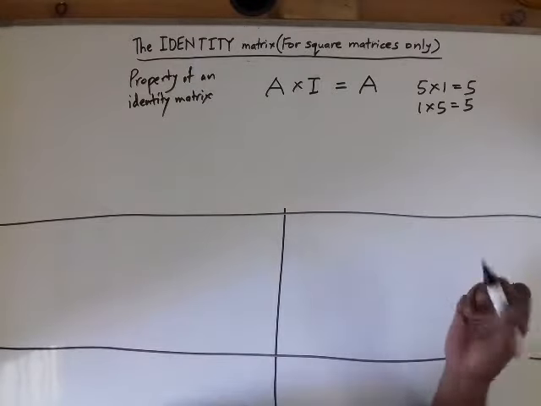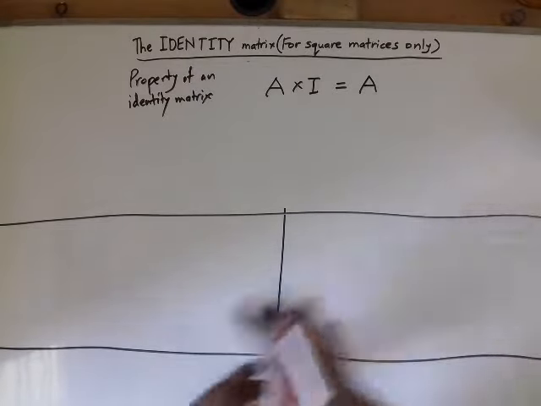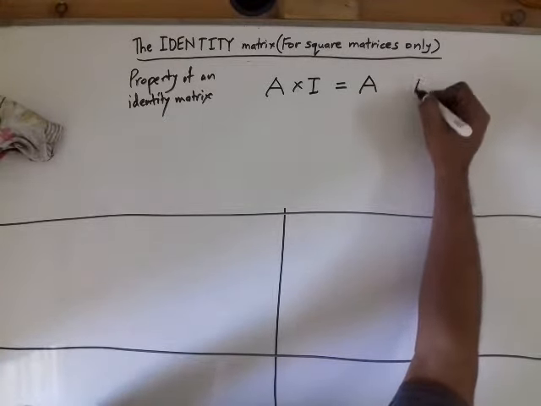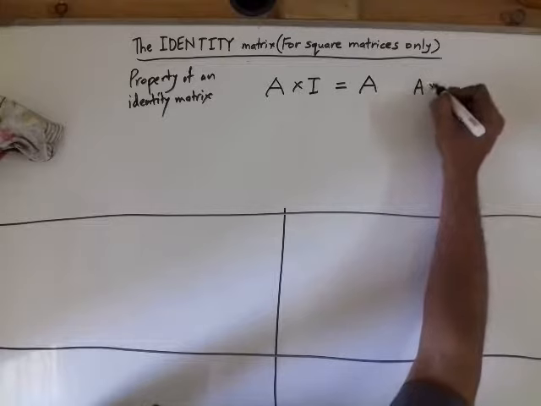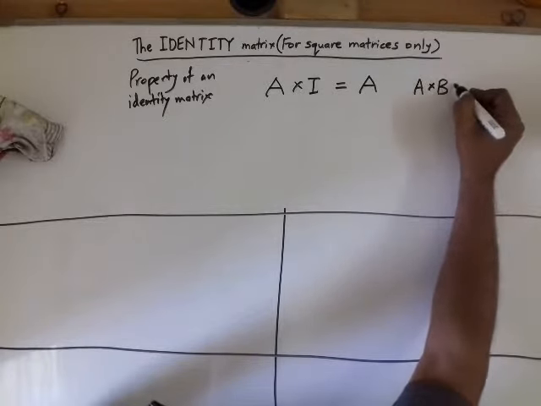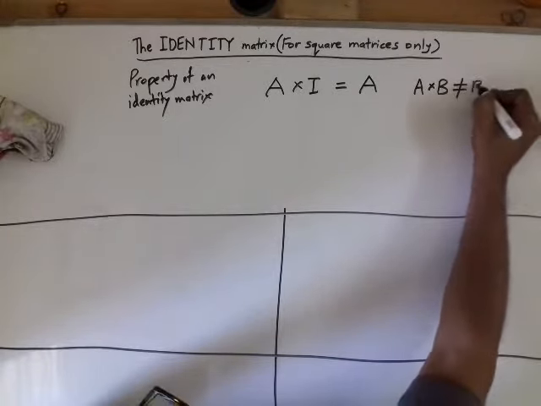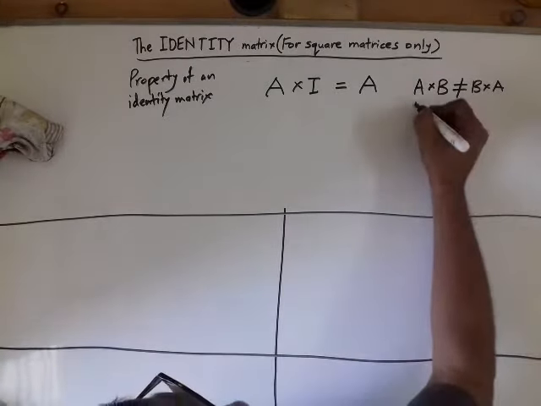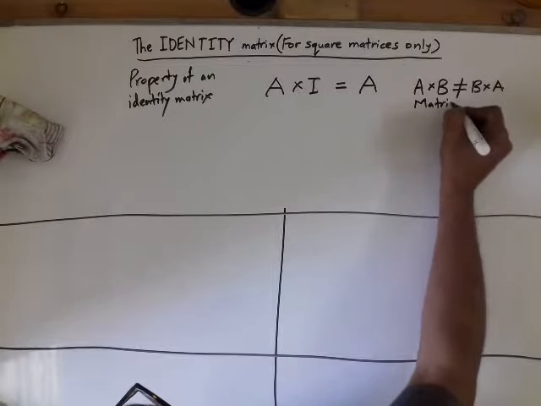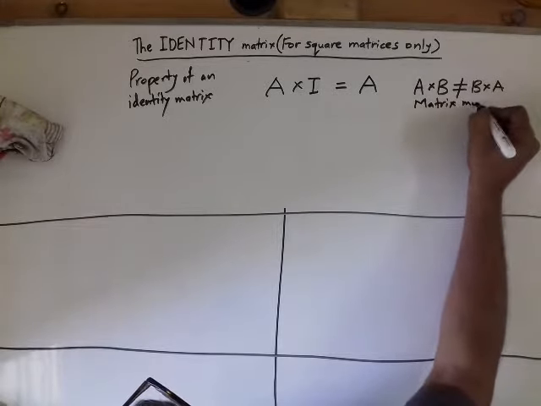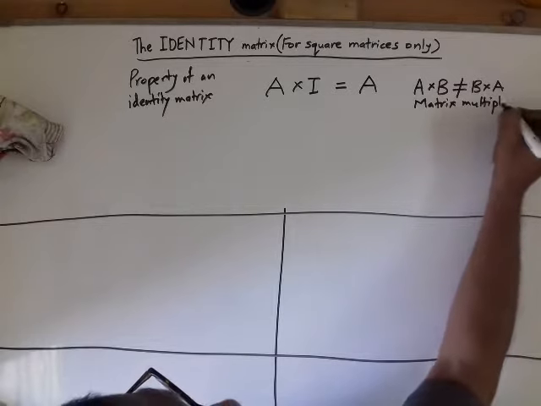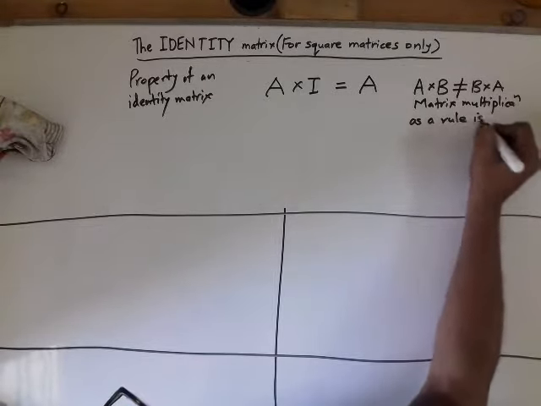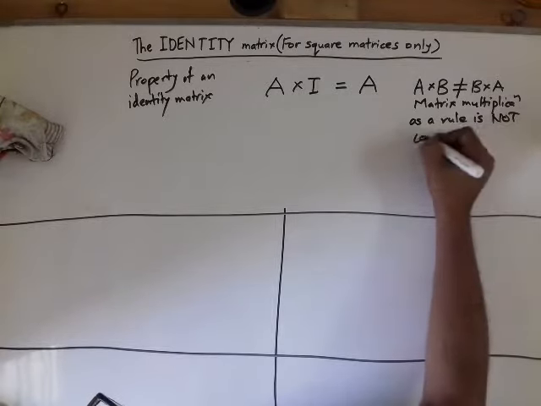How about this case? We saw earlier that in the case of matrices, and again we are talking only about square matrices, if you have a matrix A and a matrix B, this doesn't work as a rule. We have already demonstrated that matrix multiplication as a rule is not commutative.